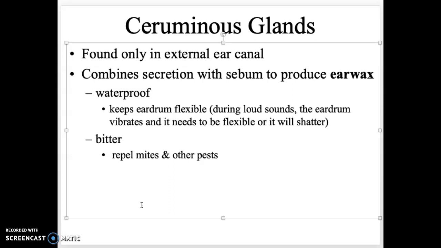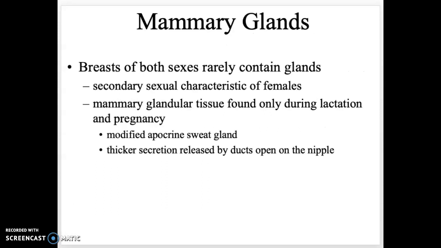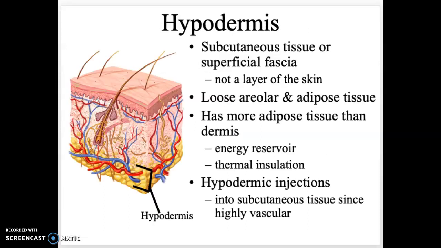The ear would otherwise be kind of a direct passageway into the body, so it's really important to have something to protect ourselves from invasion. Mammary glands are secreting milk, and these are very rarely activated, but it's useful to be able to feed our babies. These are kind of like an apocrine sweat gland.